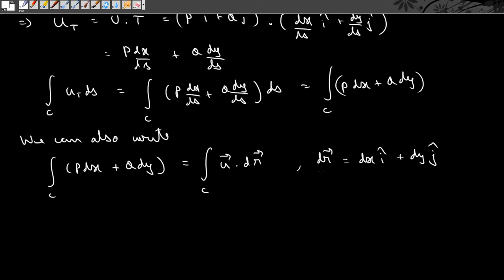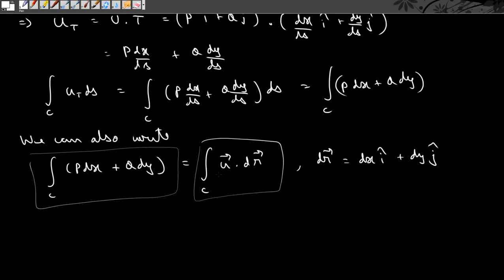If we define dr in this form, then this quantity can be written in this form, because the dot product of u with dr is going to give the same quantity here.